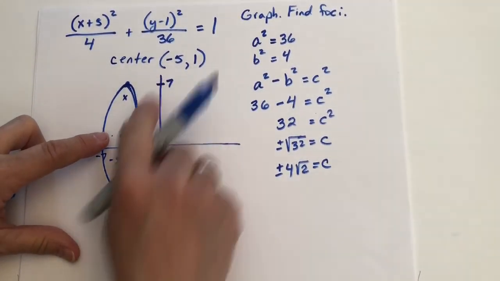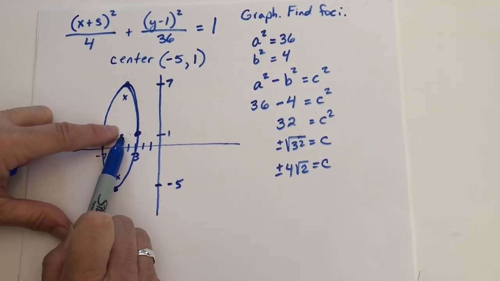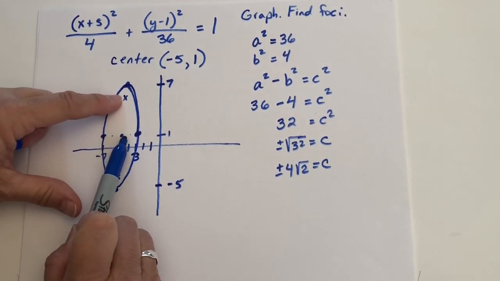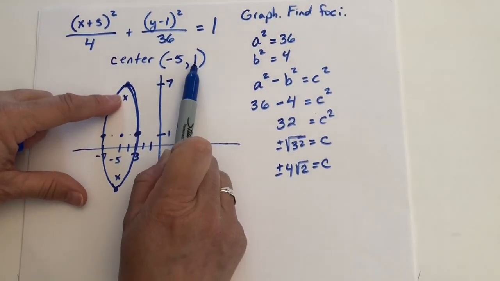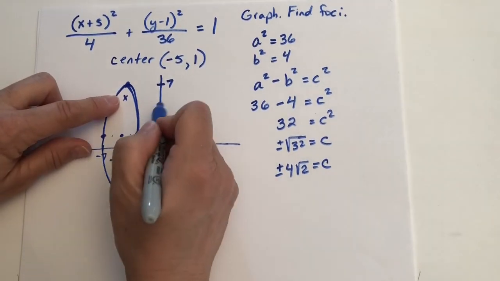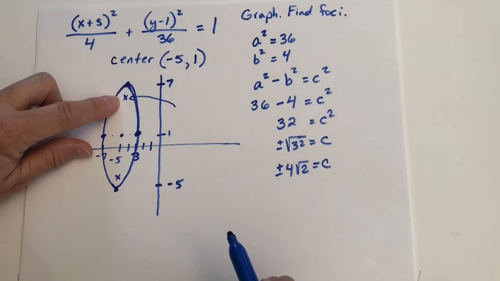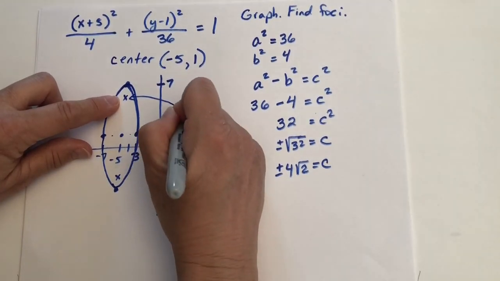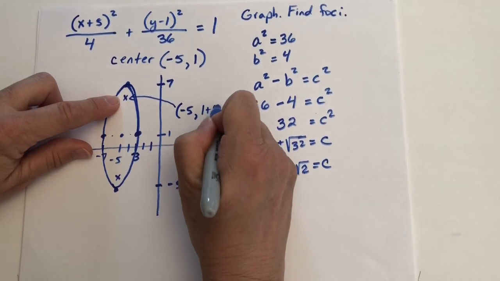So from the point (-5, 1), we go up 4 square root of 2. That means we're adding 4 square root of 2 to this 1, to the y value. So this point up here would be (-5, 1 + 4 square root of 2).